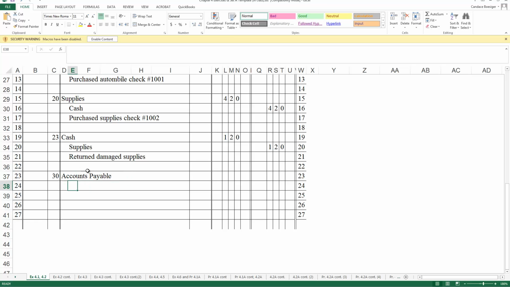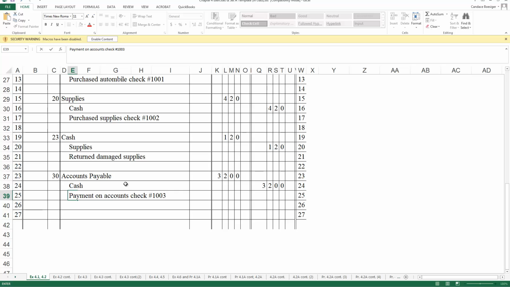And our cash is also going down, so we're going to debit accounts payable and credit cash. And we decided this was for $3,200. Payment on account, check number 1003.